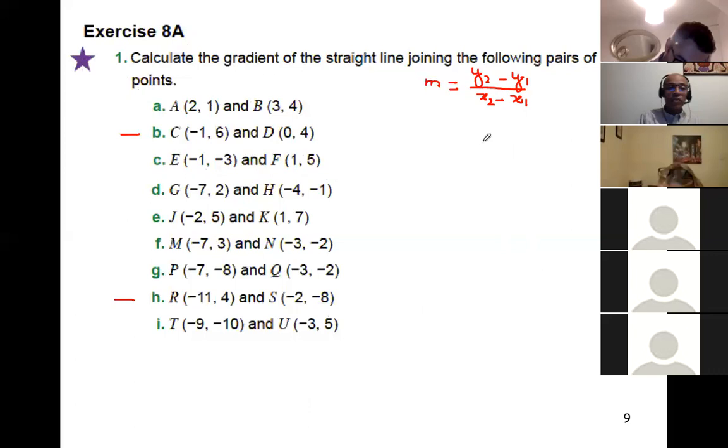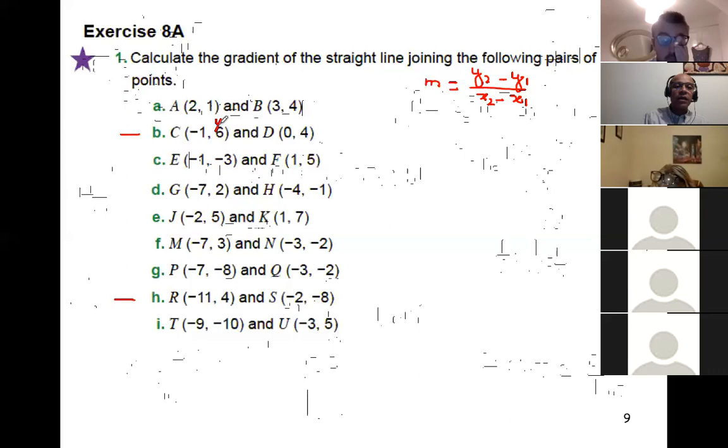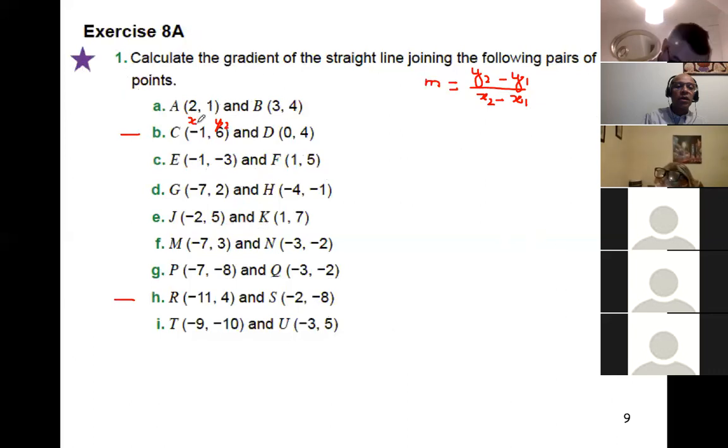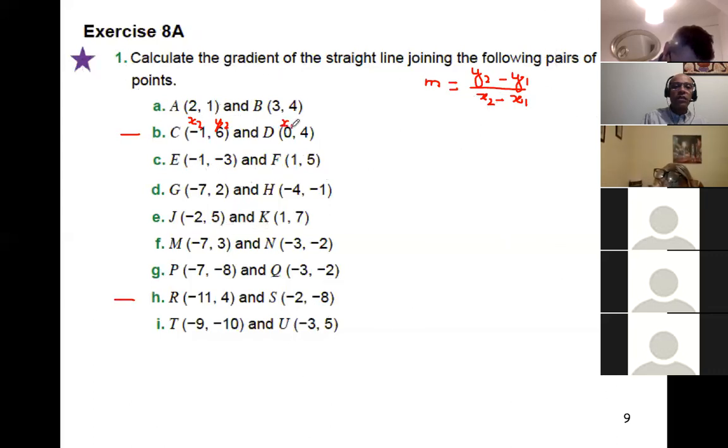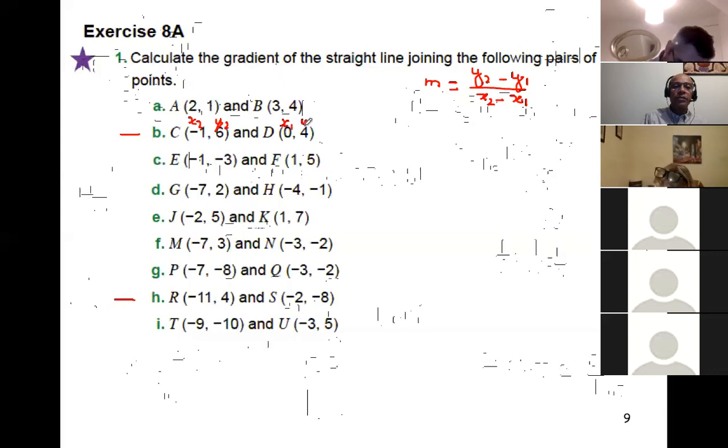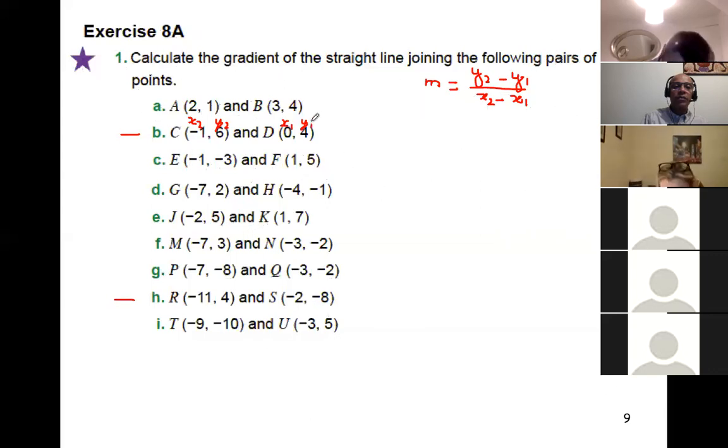So the easiest thing to do for me here is, what if I pick y2 to become 6, because 6 is bigger than 4, and that means this is x2. And I've got here x1, which is 0, and y1, 4.